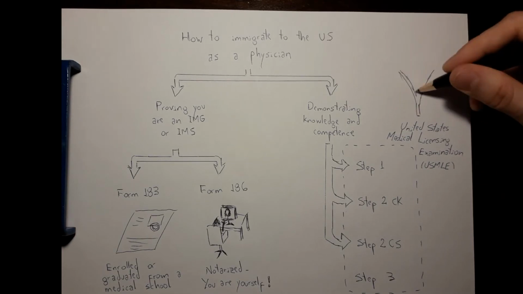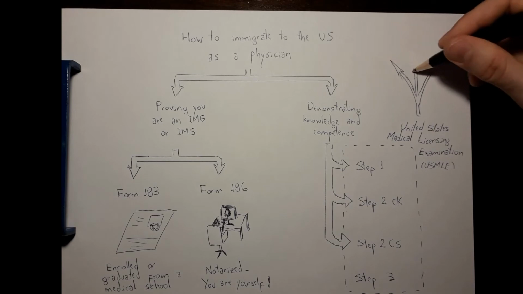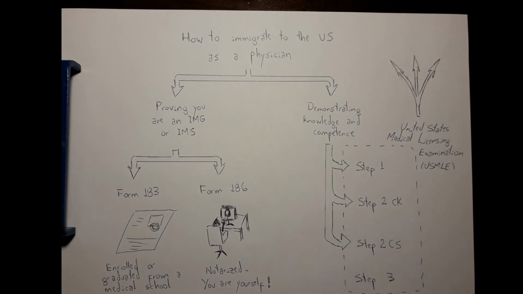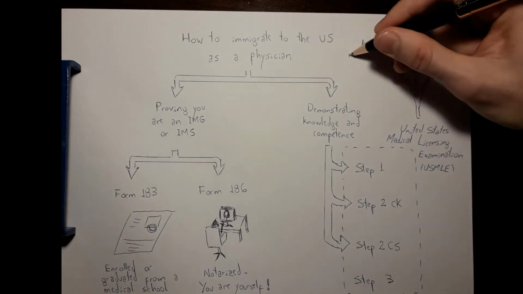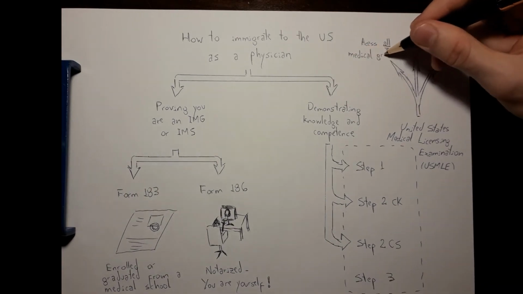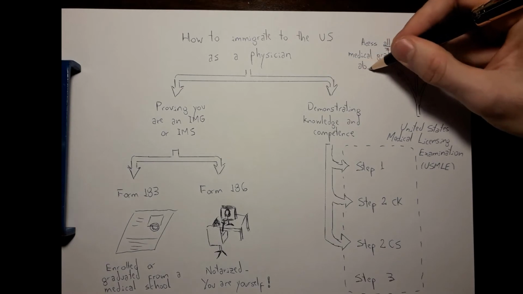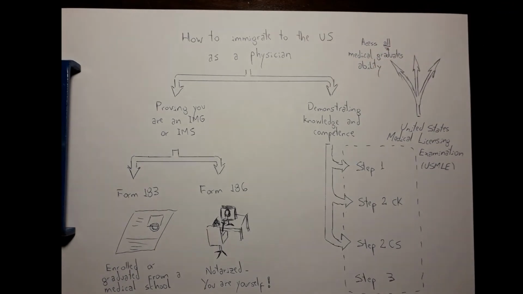The USMLE is taken by all medical graduates in the United States and abroad in order to demonstrate their medical ability. This way, it serves as a universal accreditation exam.